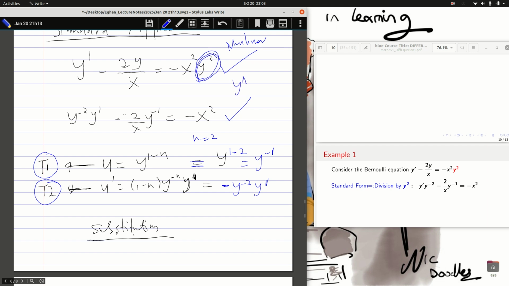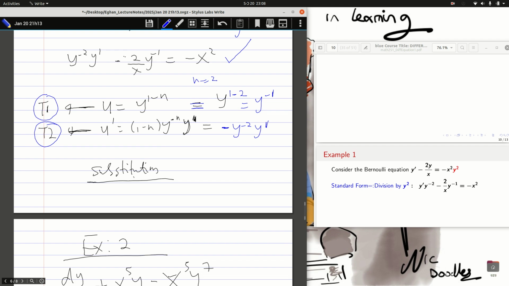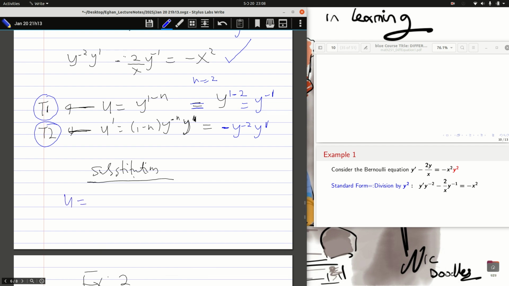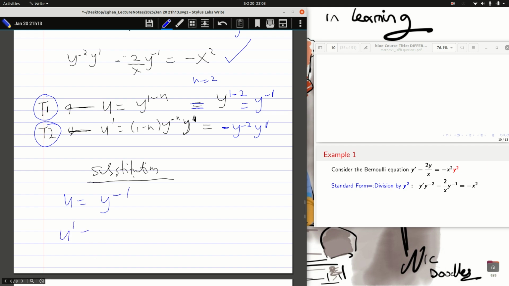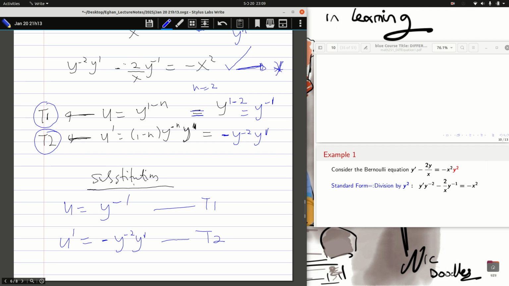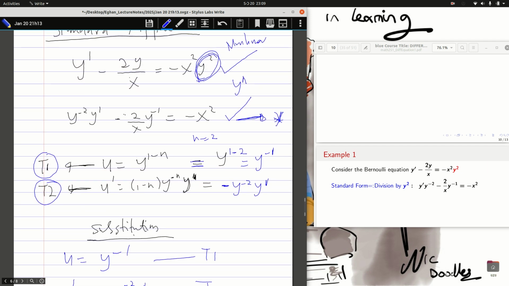Okay, so my T1 equation, u, is actually equal to y to the negative 1, and my u prime is equal to negative this and then that. So this is my transformation 1, transformation 2. This is what I'll substitute into my equation here. Let me see, equation star, that is the transform after dividing through by y squared.